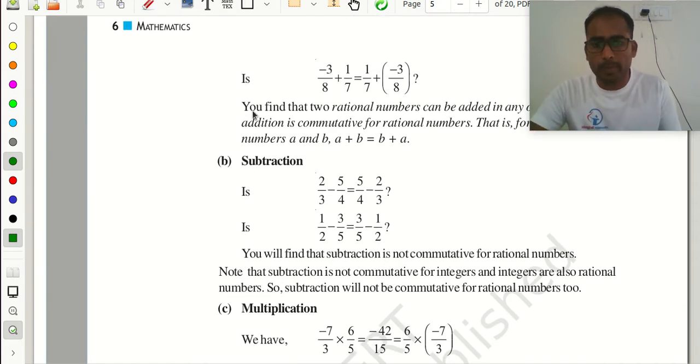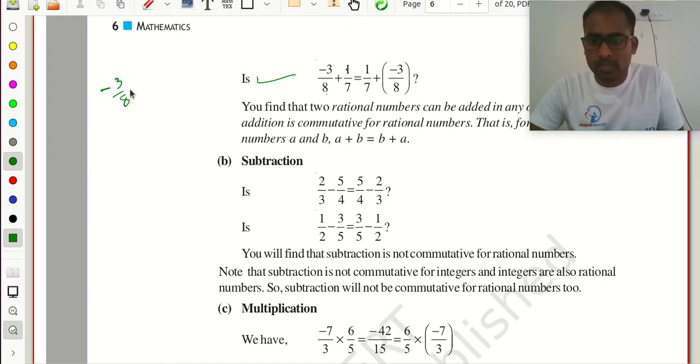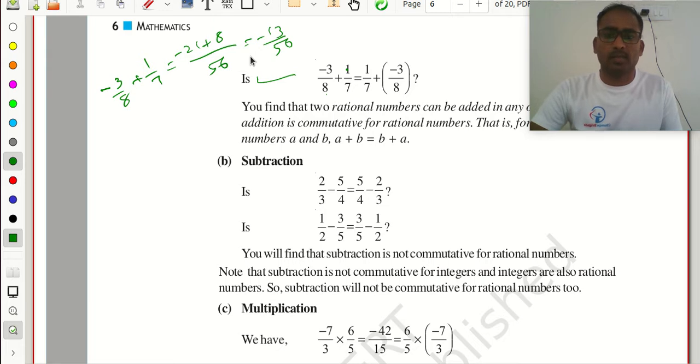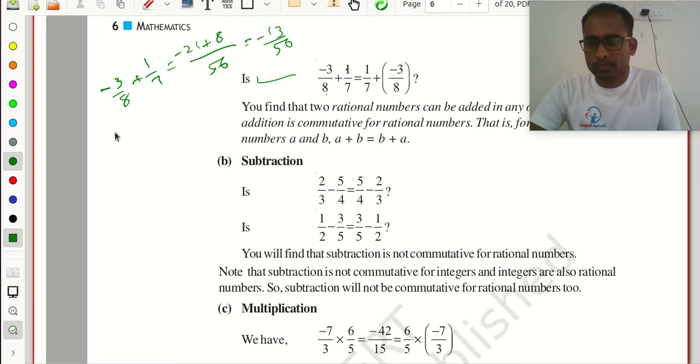Next, you just observe this one. Minus 3 by 8 is one rational number. 1 by 7 is another rational number. Then what is the sum of these? Minus 3 by 8 plus 1 by 7 is how much? Minus 13 by 56, I am getting. This is also one rational number. Now I will do 1 by 7 plus minus 3 by 8.